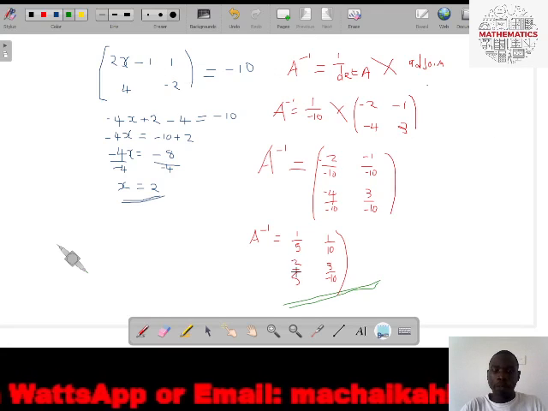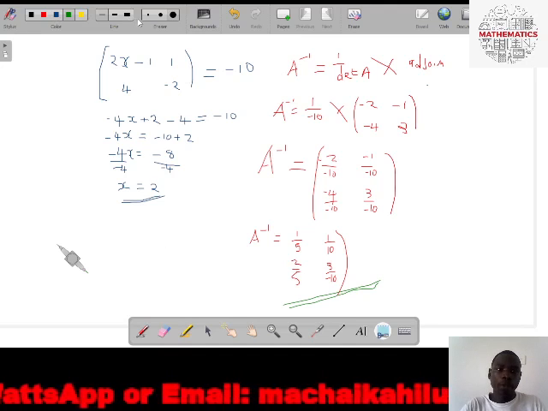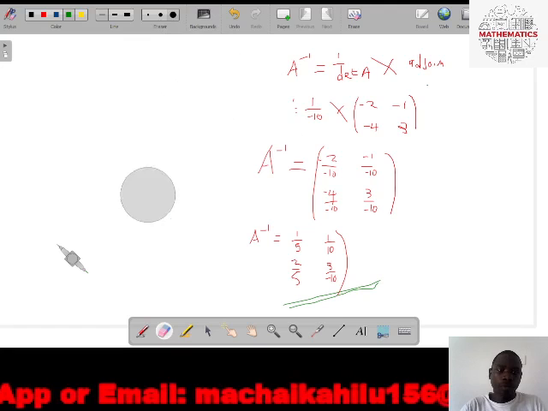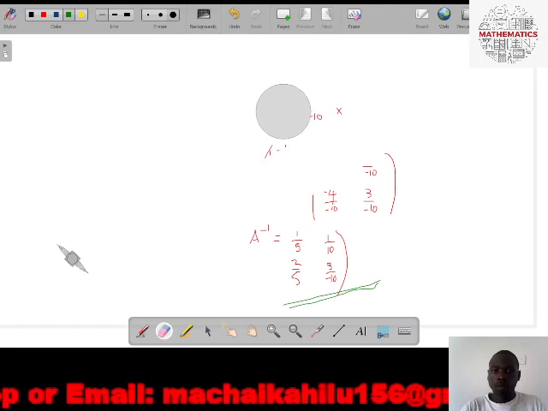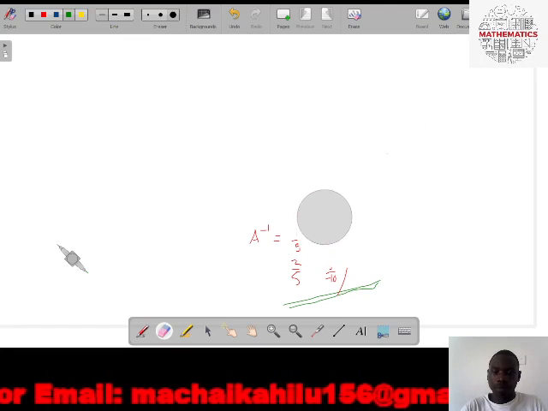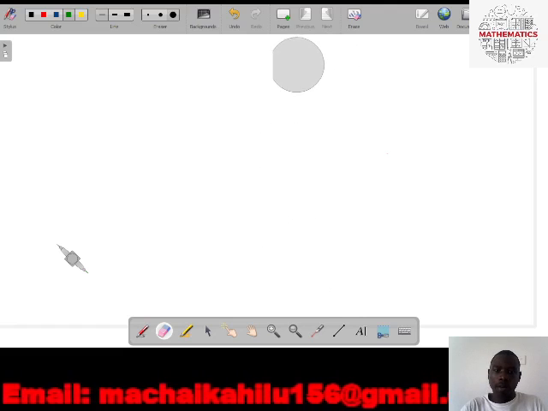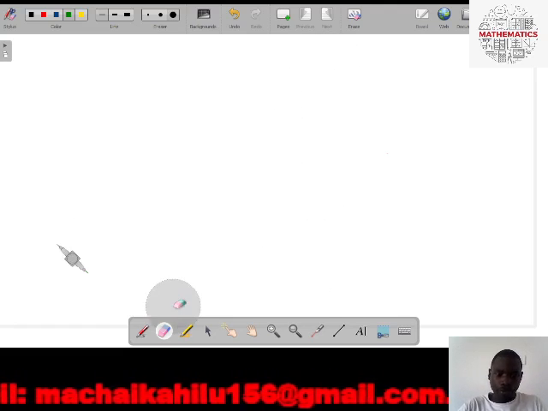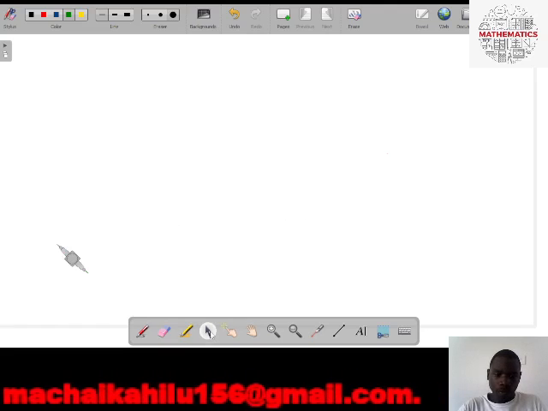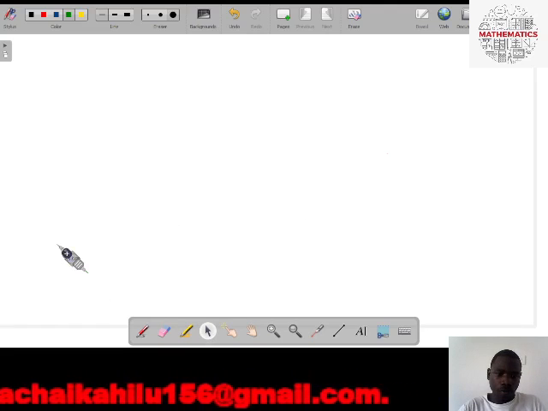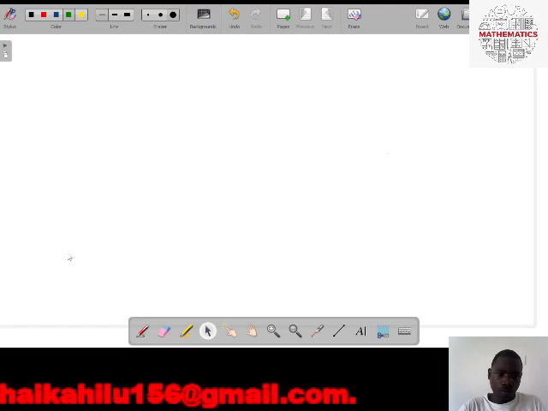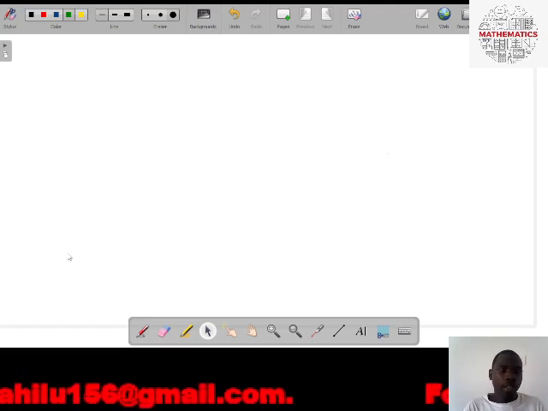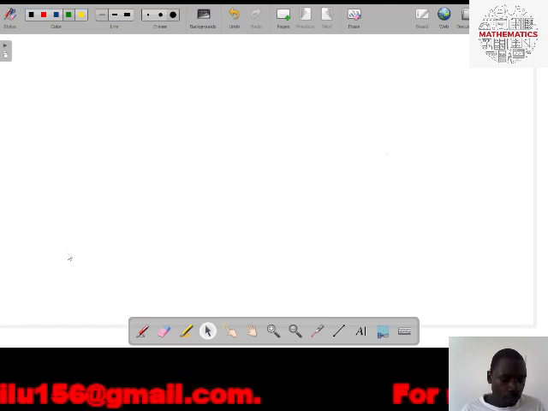Okay, so let me just wrap my board. Okay, so to construct that triangle there, they have given us measurements or dimensions.